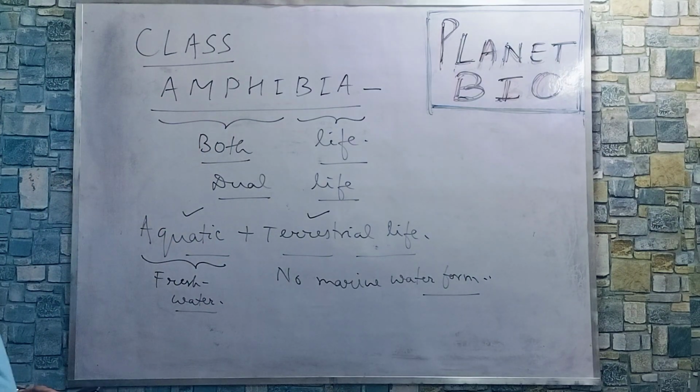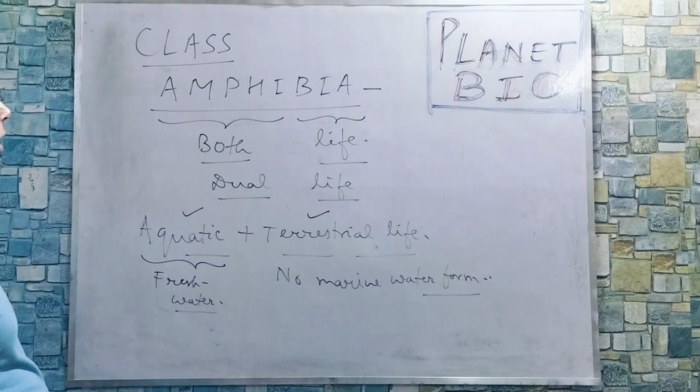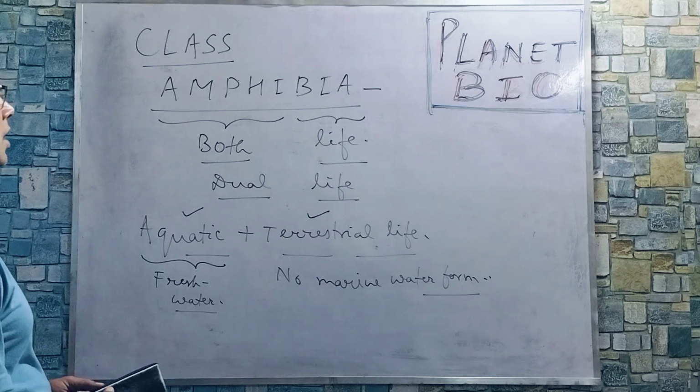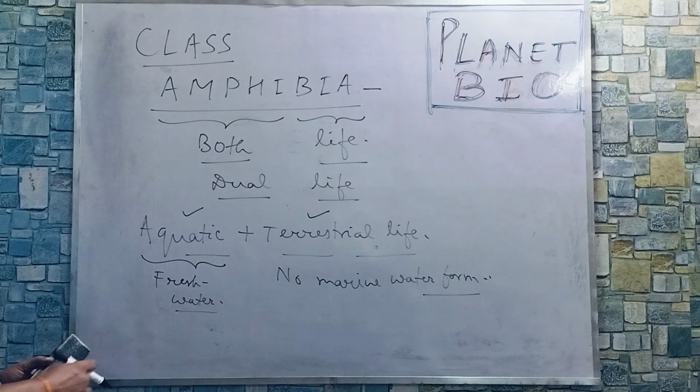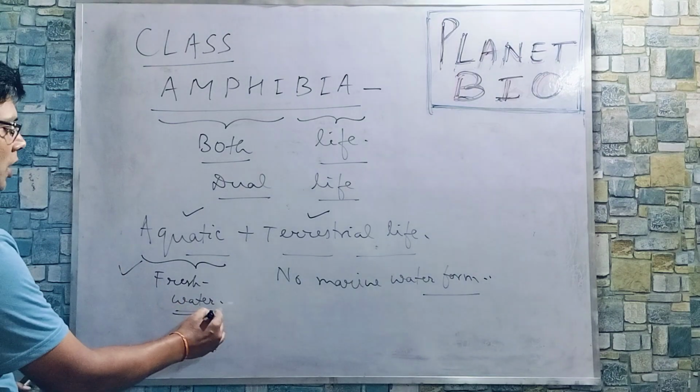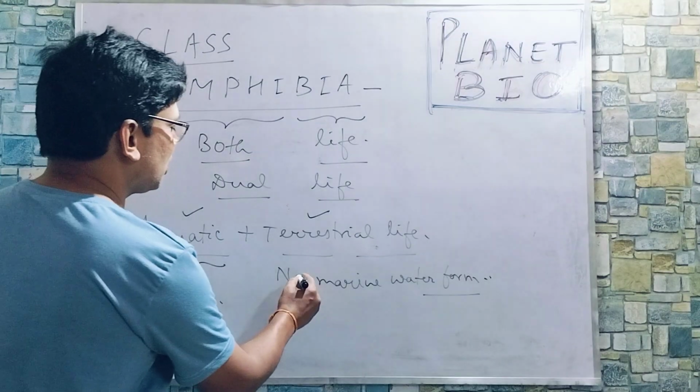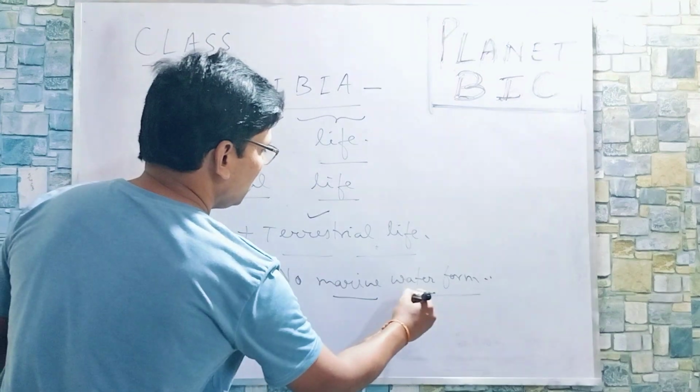Now, this is all about occurrence. So, class Amphibia means both life, dual life, aquatic and terrestrial life. Aquatic means they are found in fresh water only. No marine water form is available. You have to note this down.